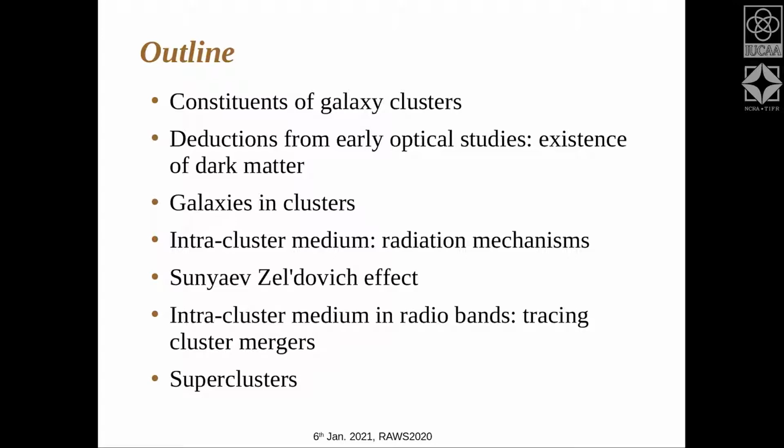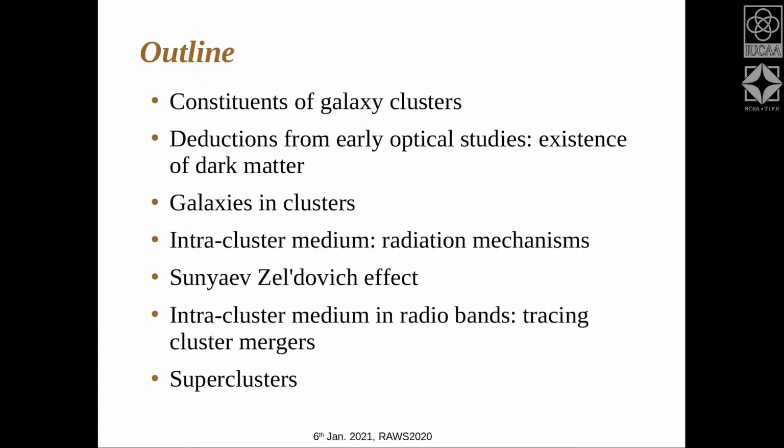Then we will talk about the speciality of galaxies in galaxy clusters as compared to field galaxies. Then I'll talk about the intracluster medium, because in galaxy clusters, not only does the huge dark matter attract galaxies and keep them bound, but it can also hold a huge reservoir of diffuse gas, which is called the intracluster medium. I'll talk about the radiation mechanisms that govern the emission that we actually detect, and I'll talk about the Sunyaev-Zeldovich effect, and then come to what we actually see in radio bands.